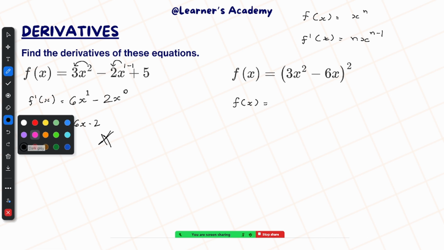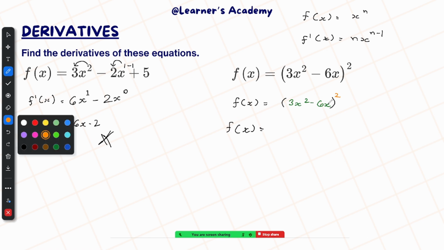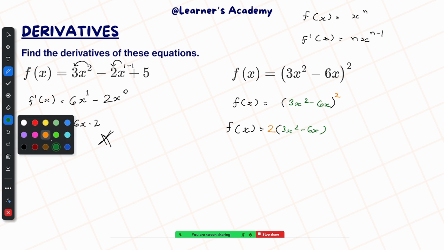Okay, 3x squared minus 6x, all squared. If we want to differentiate this, the index of this equation goes up front, which means that it becomes 2 times 3x squared minus 6x, and then the index of 2 got subtracted by 1, so there's only 1 here.